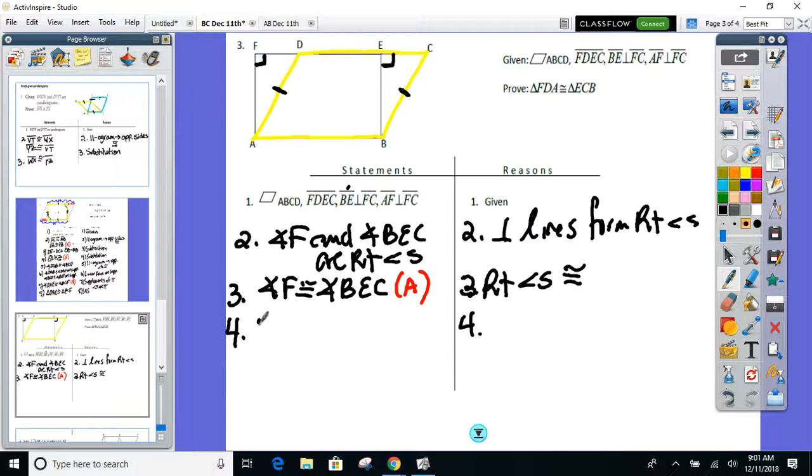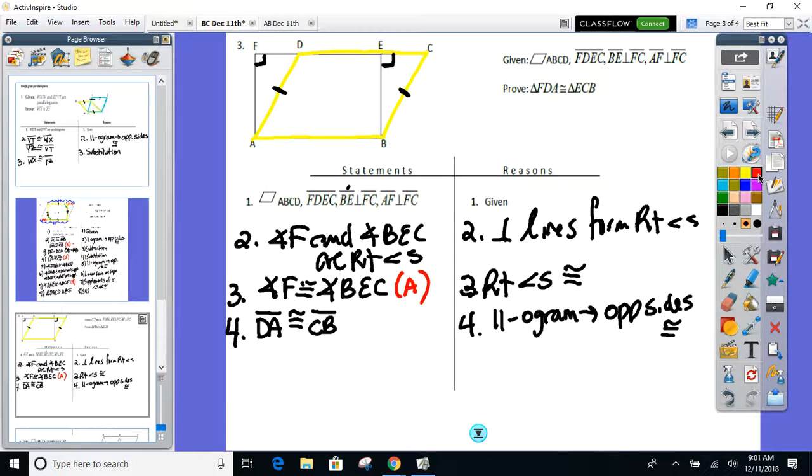Nice job. Why is that true? Parallelogram implies opposite sides congruent. I figured those were the first two you guys would get, because the third pair is a little bit tougher to come by.